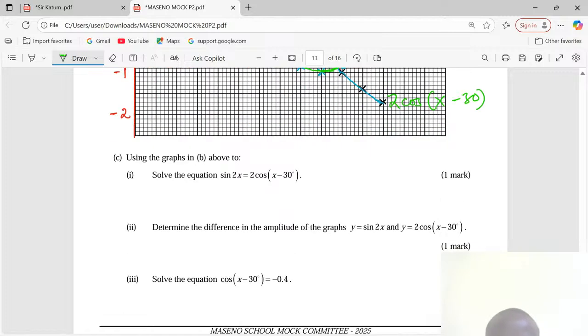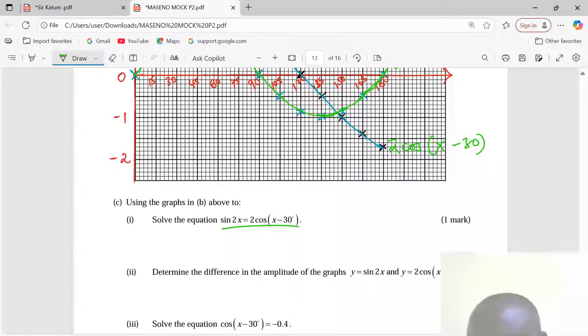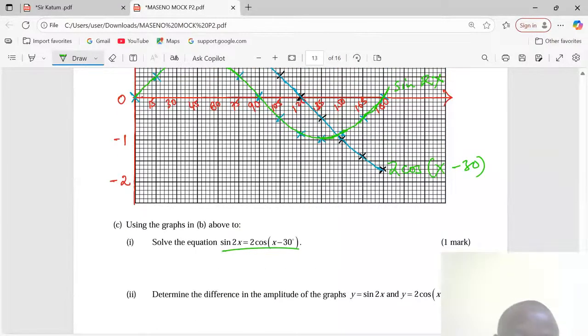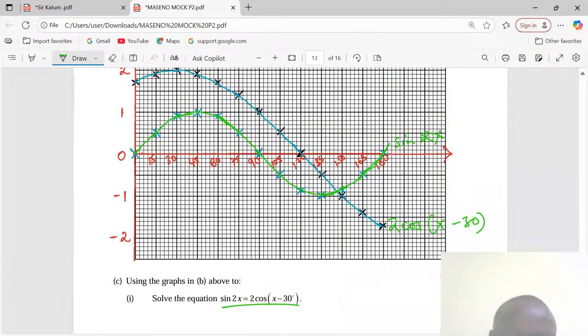Use the graph above to solve the equation sine 2x equals 2 cosine of x minus 30. These are the two functions plotted. So it means we are finding where the two curves are meeting, and that will give us x.